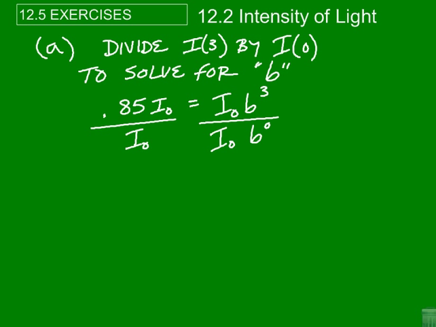Now I have some things that will cancel nicely. I can cancel out the I0s on that side. I can also cancel out the I0s on that side, which then just leaves me with a simple equation of 0.85 equals b to the third.